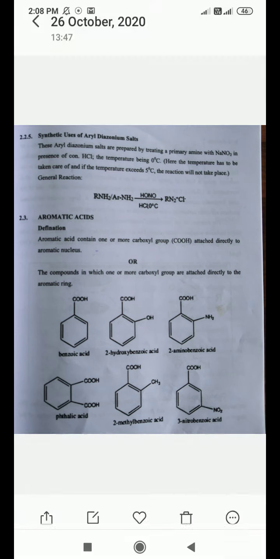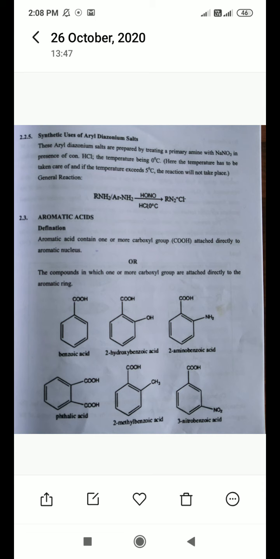Then next is 2-aminobenzoic acid. In 2-aminobenzoic acid, at position number 2 of the aromatic ring, an amino group is attached, so the name of the structure becomes 2-aminobenzoic acid. Next is phthalic acid. In phthalic acid, which functional groups are there?